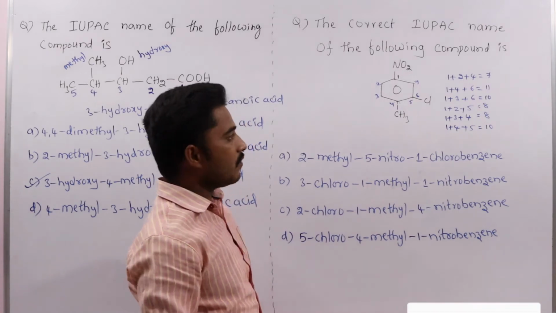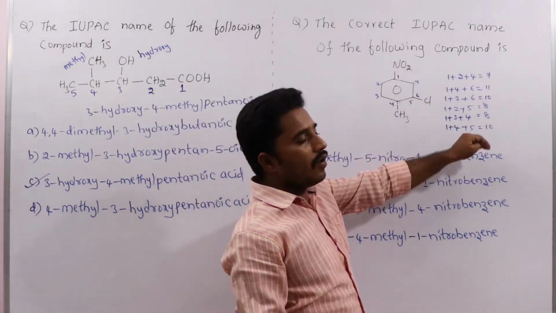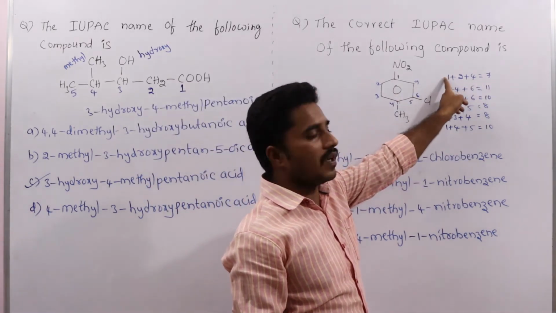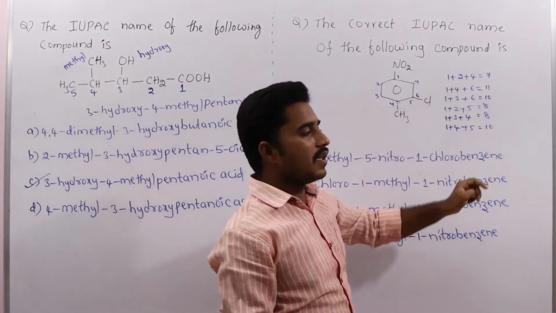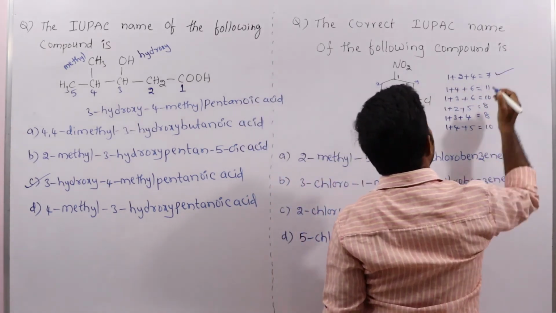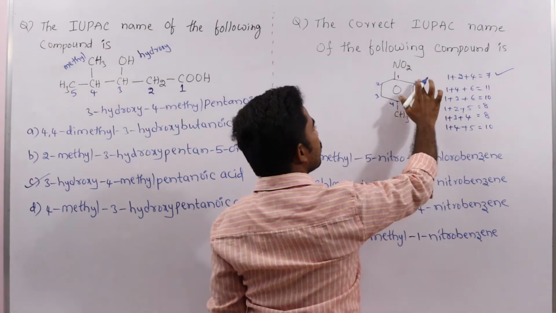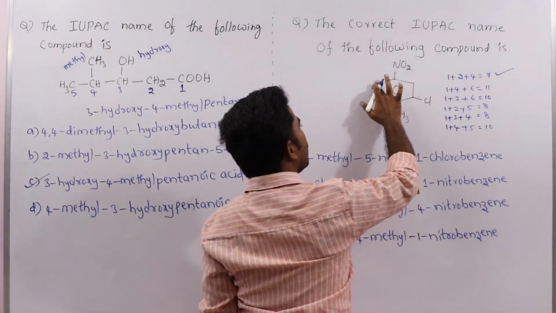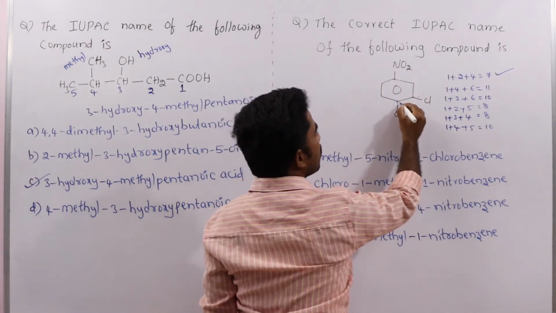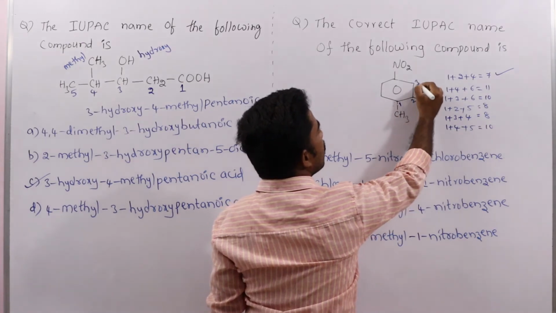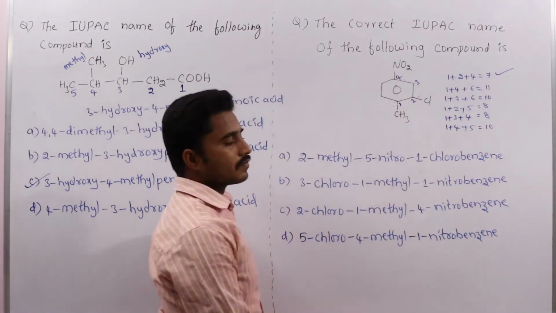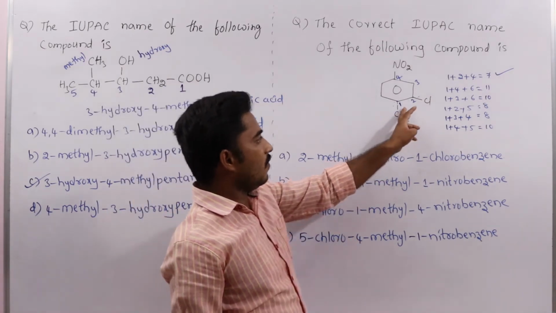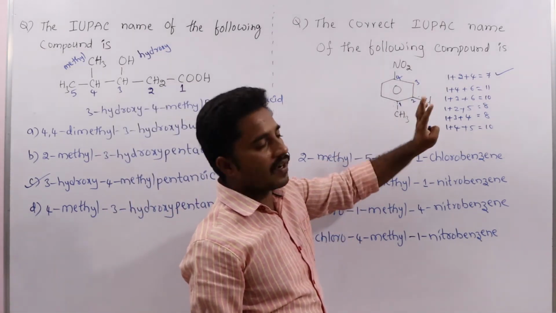In which way are we getting the lowest? The first way, 1 plus 2 plus 4. That is why we follow the lowest sum rule. That means the CH3-containing carbon should get the first number. So here 1, here 2, here 3, here 4, giving 1 plus 2 plus 4, which is 7.